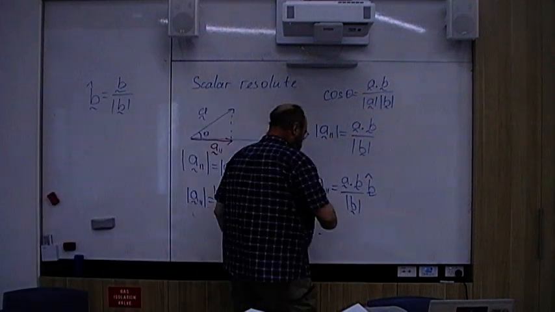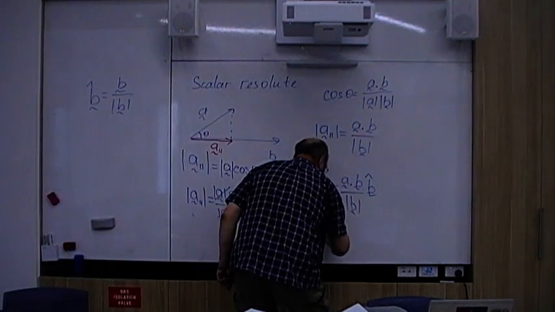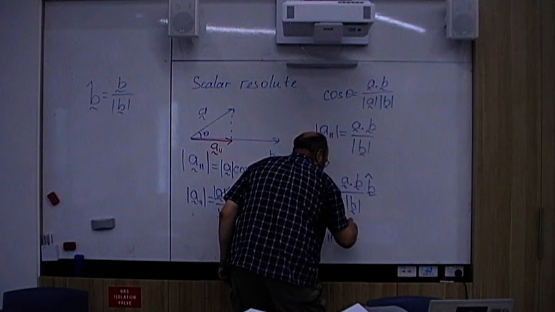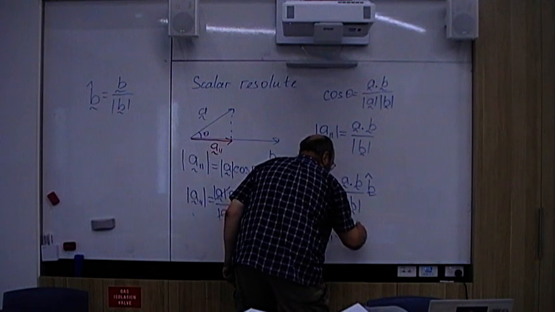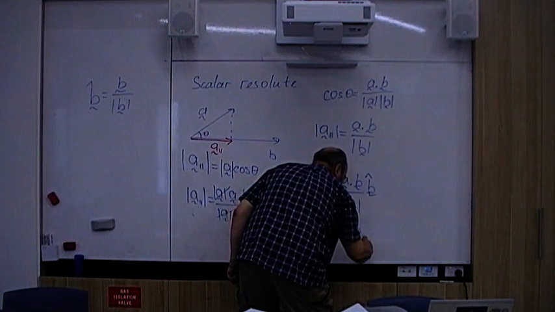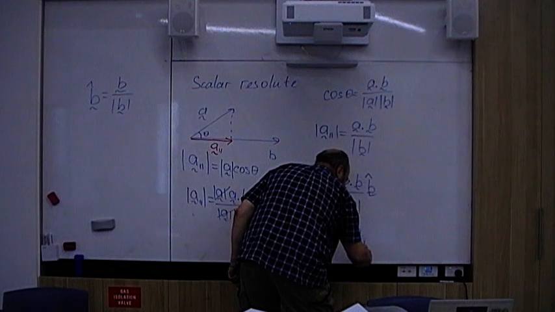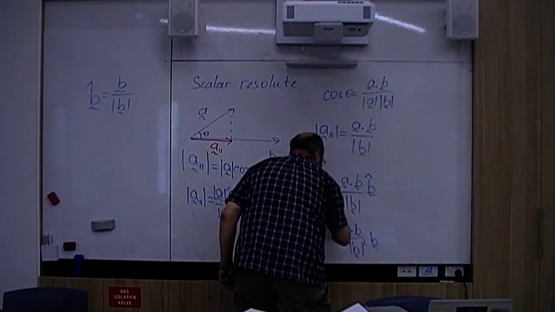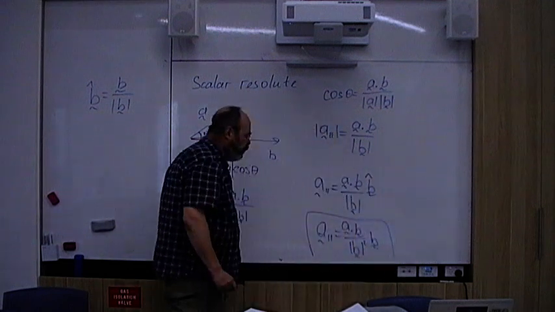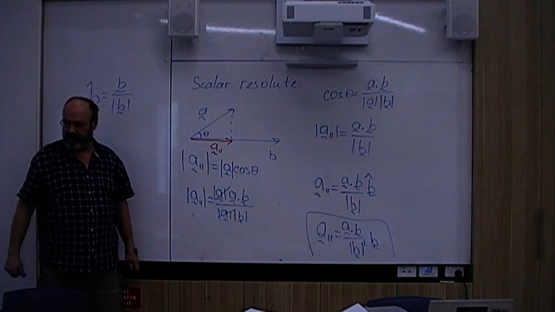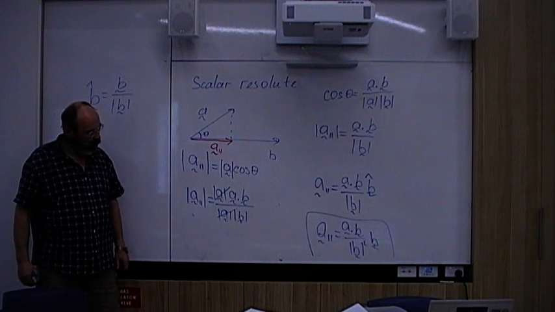Substituting it here, the resolution of A in the direction of B will equal A dot B divided by the length of B squared, times vector B. This is the resolution of the vector A in the direction of B. Wait, is the B with the hat the unit vector?